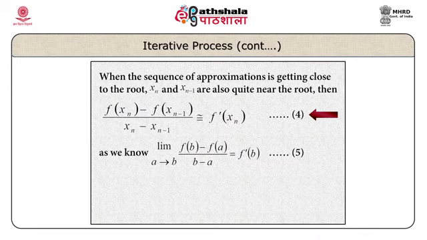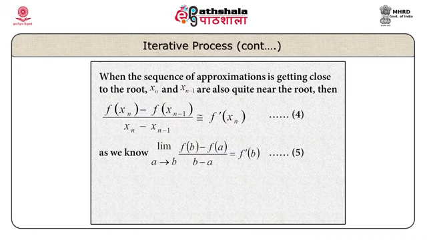So, substituting this ratio as derivative of f at the point xn, we can write this formula as x(n+1) is equal to xn minus f(xn) upon f'(xn), which is our Newton-Raphson formula.